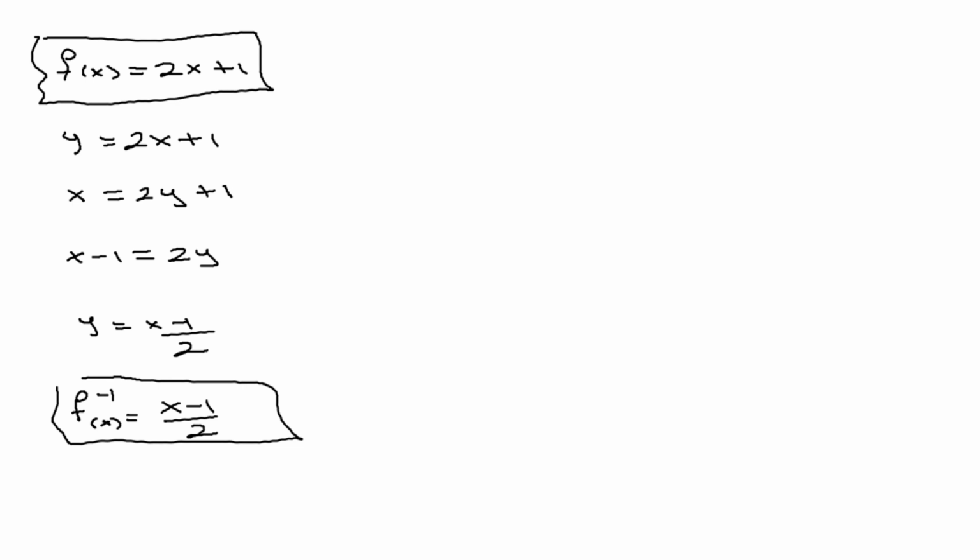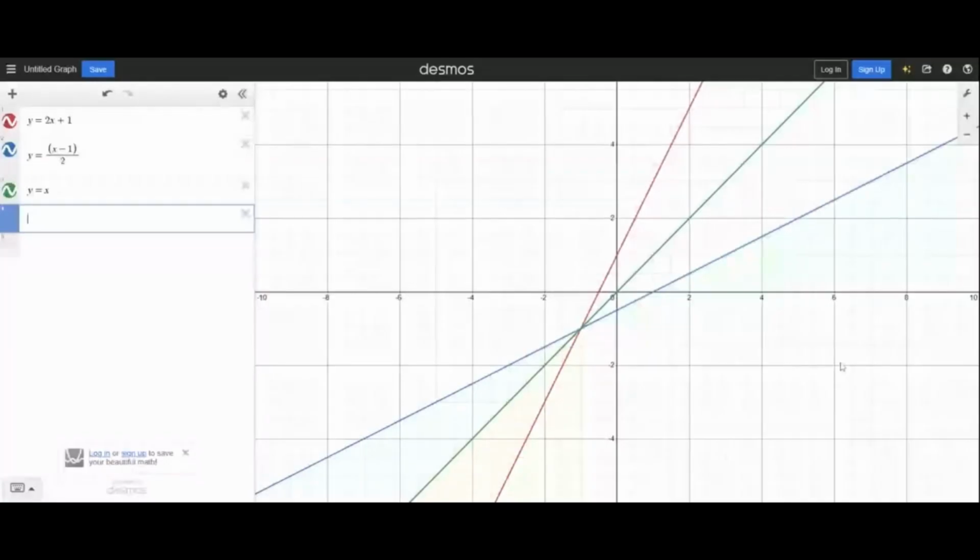So my first function, and I will show you now this on the graphing tool, is y equals 2x plus 1. And the other function is y equals (x minus 1) over 2. The function you see in red is the function 2x plus 1.